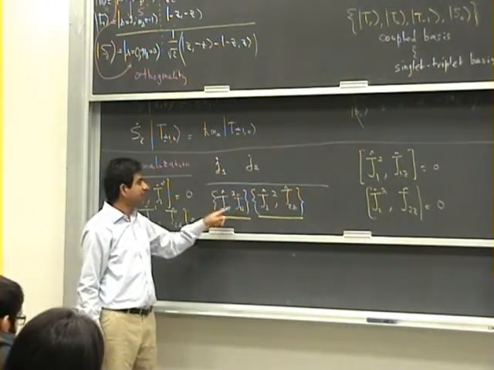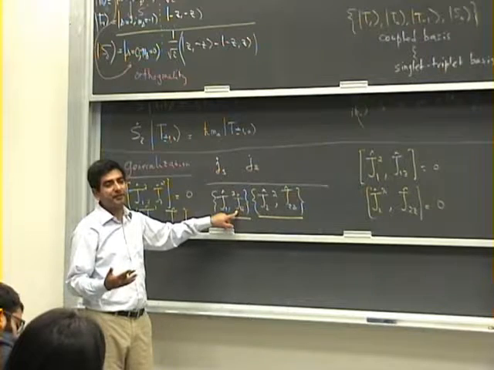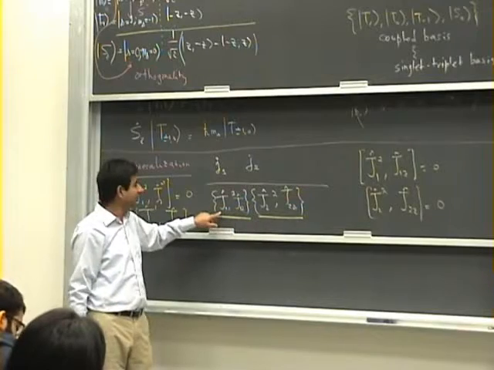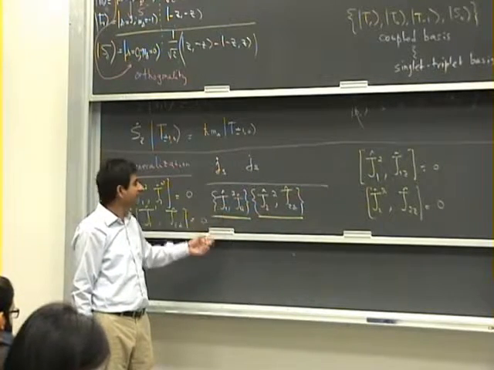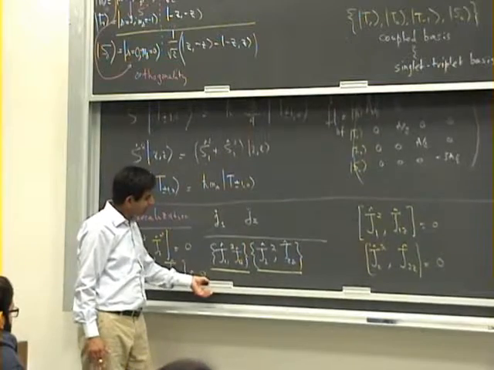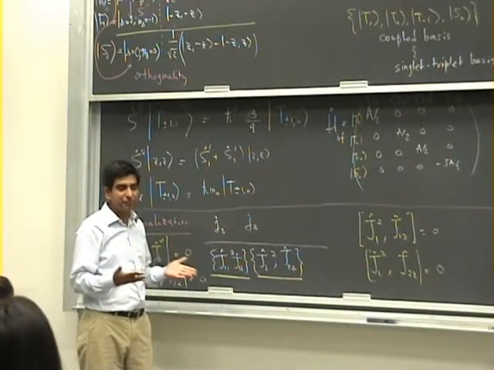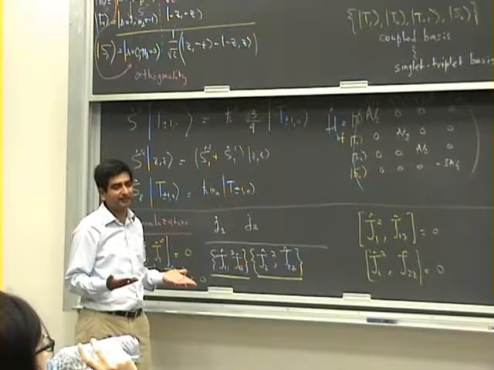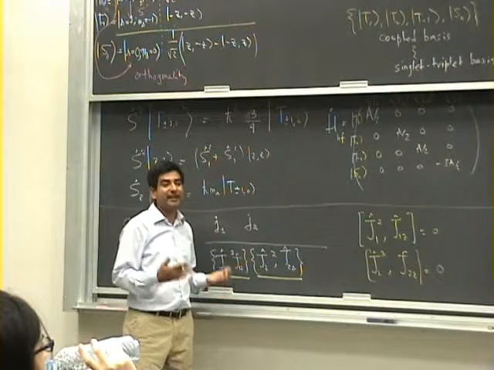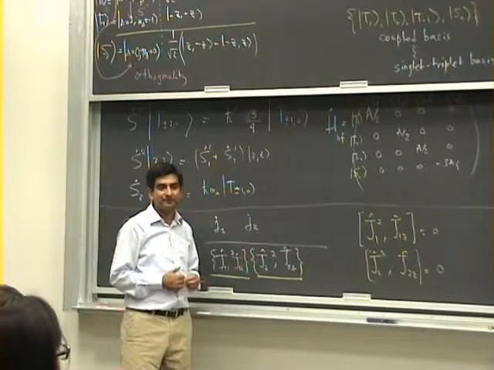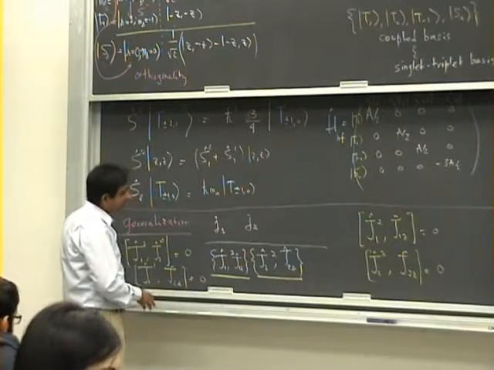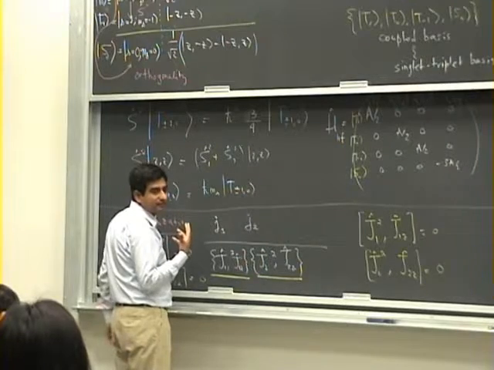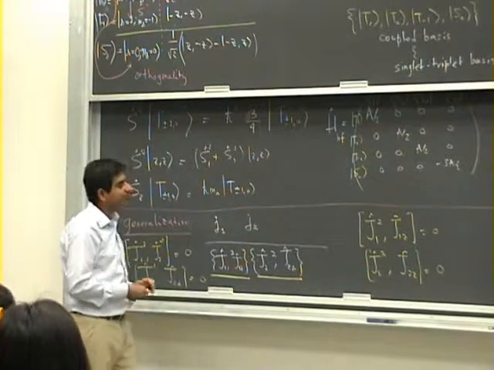In other words, J1z is a generator of rotation of the first particle about the z-axis, and J1 squared tells you the magnitude of the angular momentum of the first particle. That's what J1 squared tells us. Like J2 squared tells us the angular momentum of the second particle, and so on. Okay. So these angular momentum operators act in their own Hilbert spaces. Alright, so far so good.